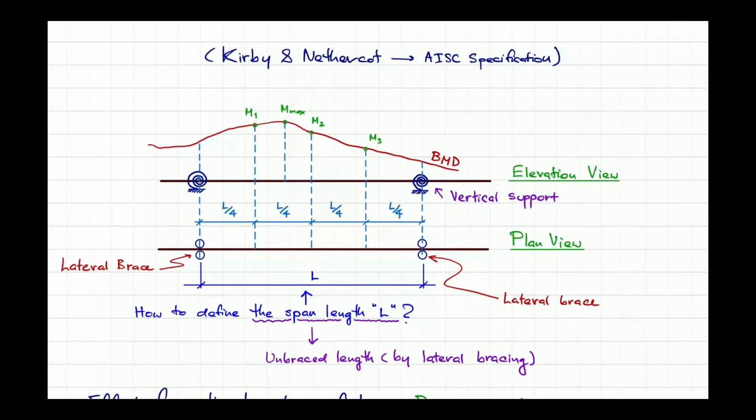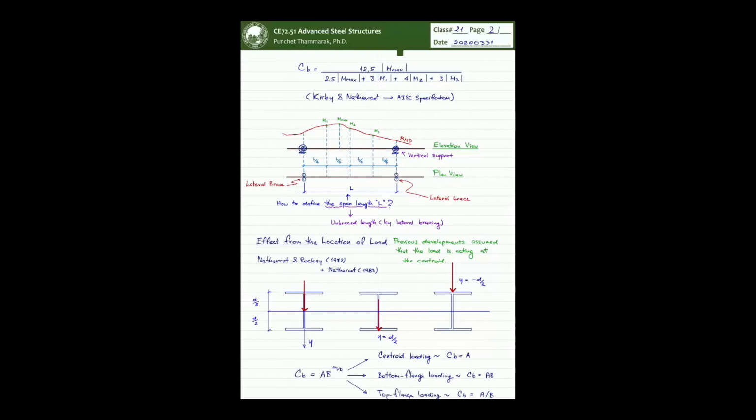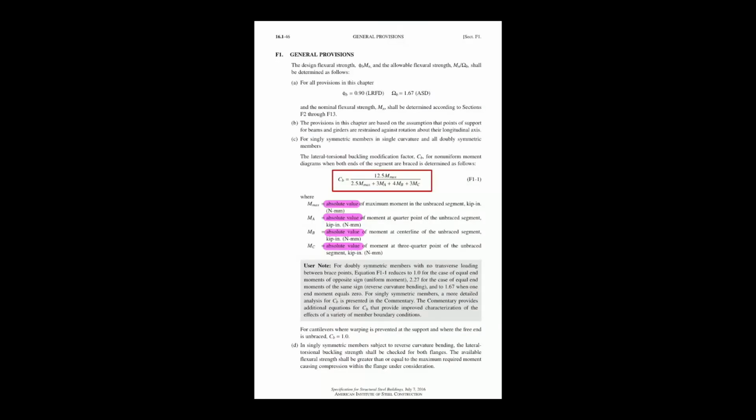So unbraced means length without lateral bracing. For a case like this, it is easy for us to just pick up the L, but if you have bracing in between, for example between the gravity supports, then your L will be the new one, which is just here, not all the way through the entire span. So look at the definition a little bit before you use all these codes.